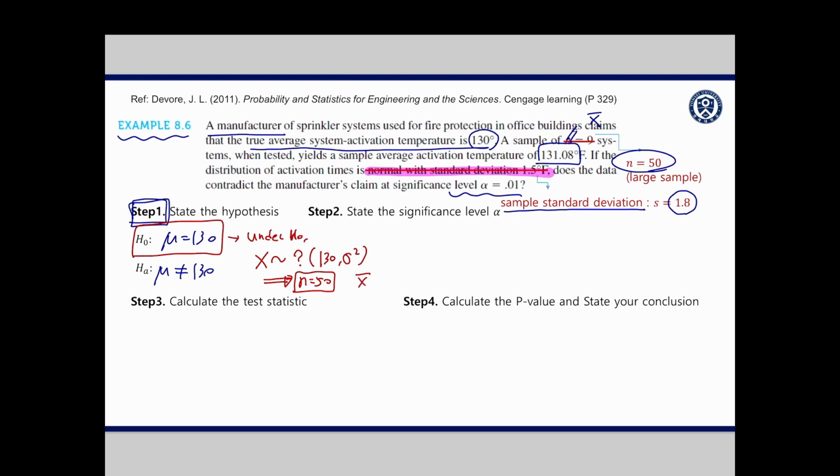So X bar minus 130 over the sample standard deviation 1.8 divided by the square root of the sample size 50 follows the standard normal distribution. And step 2, the significance level alpha equals 0.01. The distribution is like this.